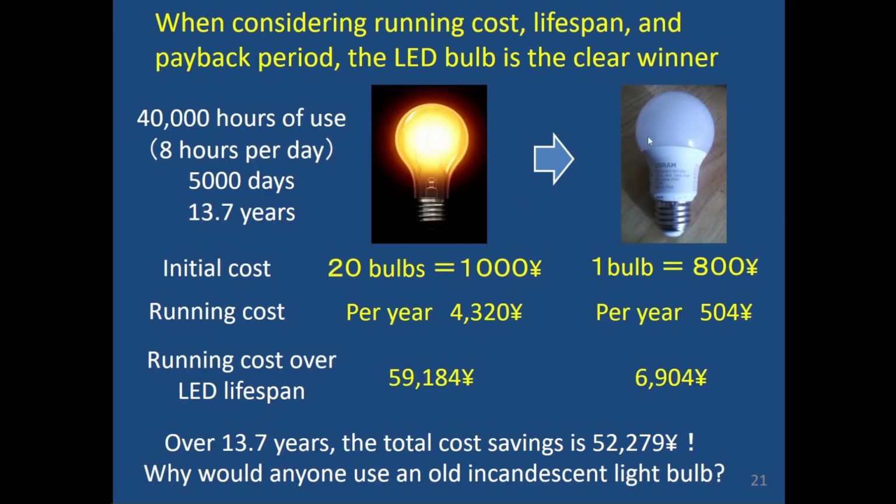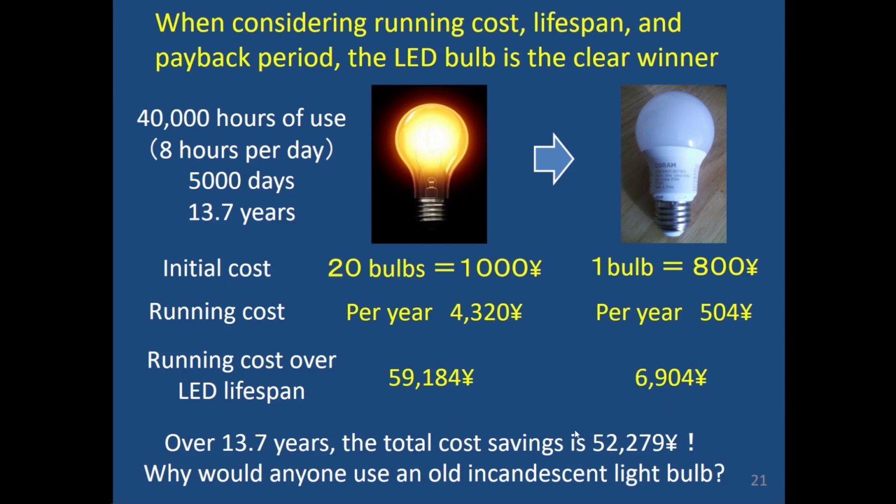And if we do the math, going to the full lifespan of the 40,000 hours of use, if you're using 8 hours per day, that's over 13 years. And if we do the initial cost with one bulb versus 20 bulbs, then the running cost total per year, and then running cost over the 13.7 years. To get the same light for 13.7 years, old style bulbs need almost 60,000 yen, and the LED about 7,000 yen.